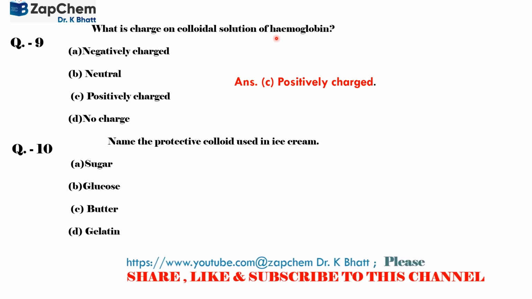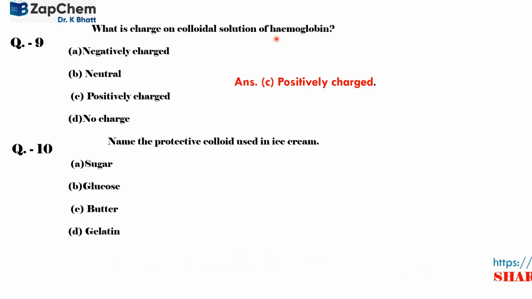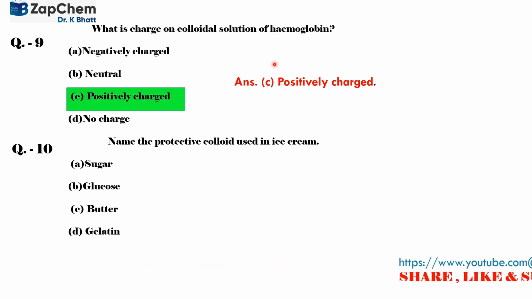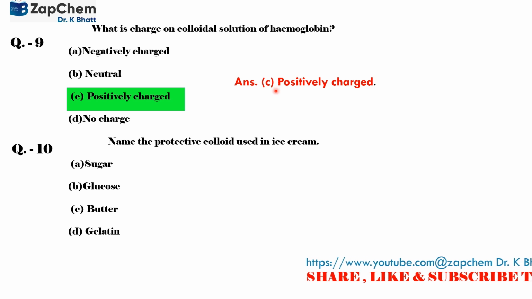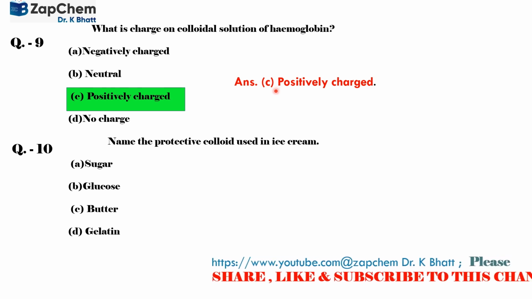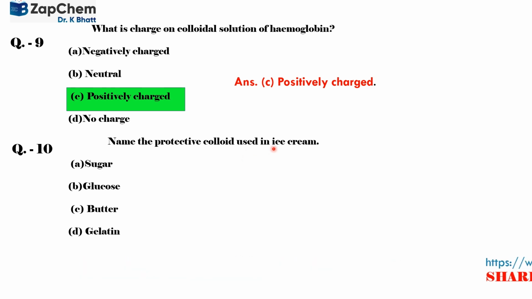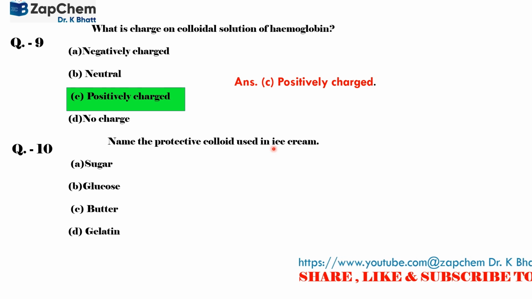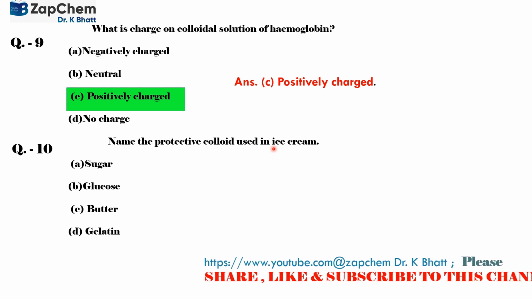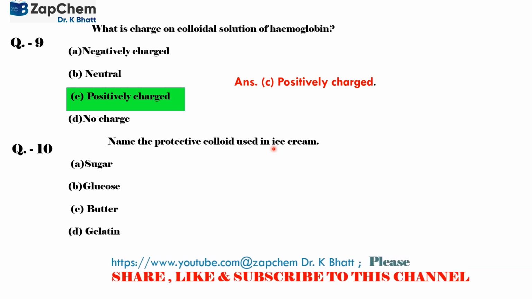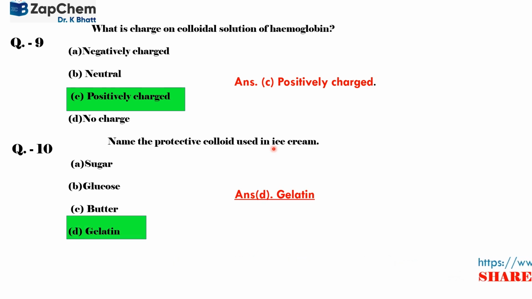As we have already taken up in an earlier question, it is positively charged. Hemoglobin is positively charged. You have to keep it in mind. Name of the protective colloid which is used in ice cream. It's a very good question and commonly used, that the protective colloid which we use in ice cream is nothing but gelatin. So that's the right answer.